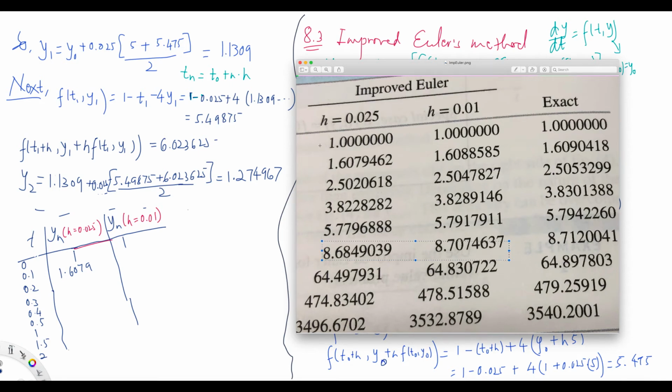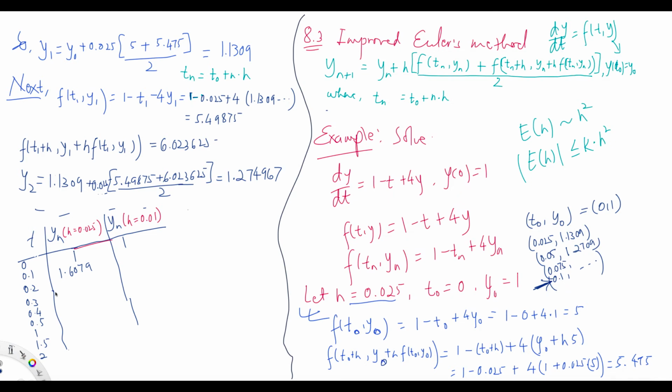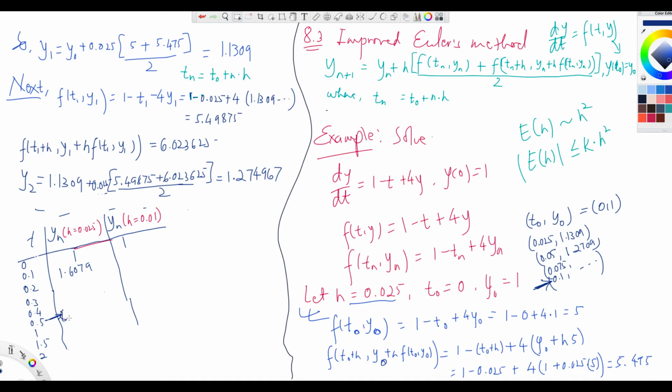So when h is 0.025, the error is this minus that. What you get is the value of y sub n, the value of the solution at that t, 8.684904, right? And then for h equals 0.01, you will get 8.7074637.